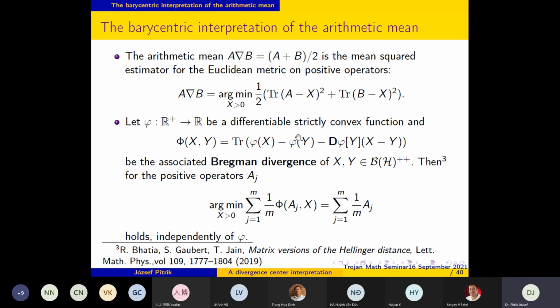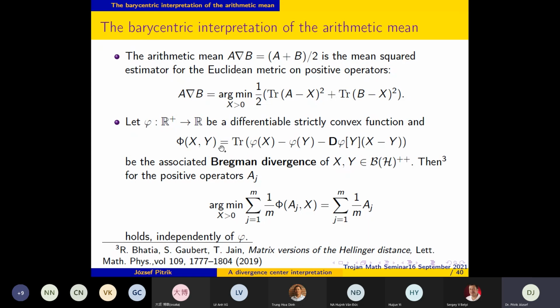Moreover, just like in the scalar case, we can get them also as the divergence center with respect to the Bregman divergence. Here, the Bregman divergence is defined on positive operators as follows. We have a differentiable strictly convex function on the positive half line, and with functional calculus, we can compute phi x and phi y and the Frechet derivative at the place y for x and y positive definite operators.